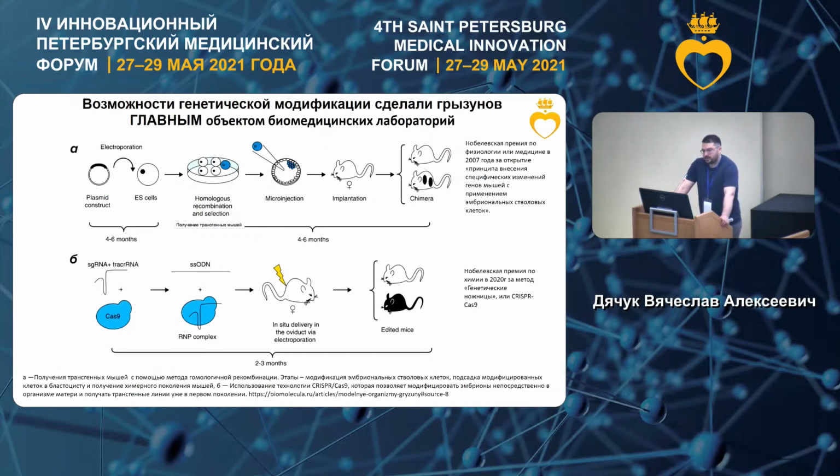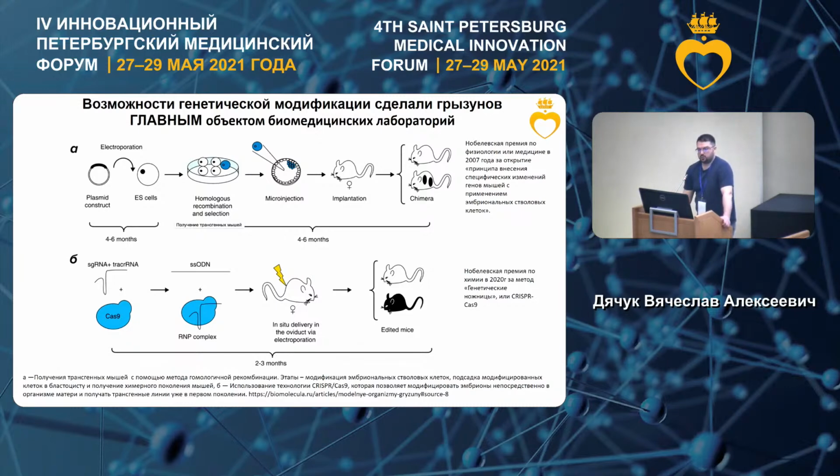Why did rodents become the main object of biomedical studies? For two reasons. The possibility of genetic modification. In this slide, you can see two schemes of transgenesis. First, the principle for which the Nobel Prize was given: making specific changes to the genome of mice using embryonic stem cells.